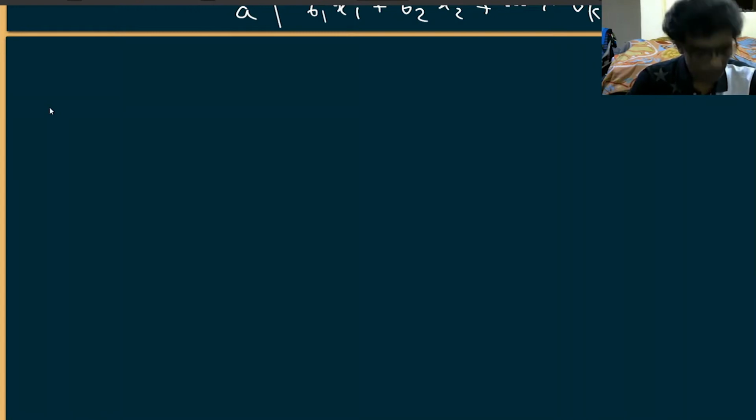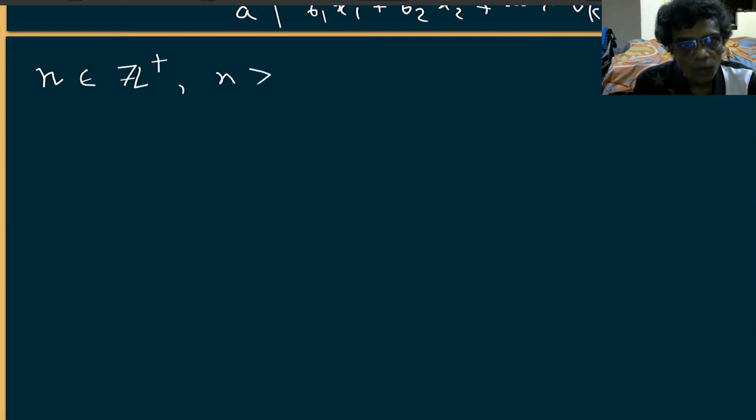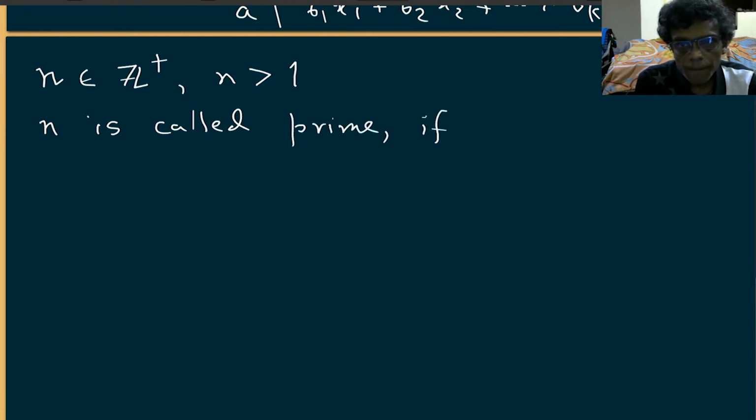Okay, so now that we have a notion of divisibility, let us take a number n in Z plus, and let's say n greater than 1. n is called prime if a divides n implies a is either 1 or a is n.